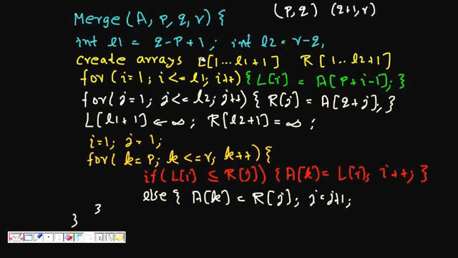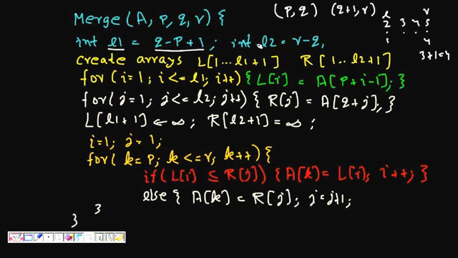L1 is the size of the left array, which is Q minus P plus 1. So if we have elements like 2, 3, 4, 5, this is L, this is R, the number of elements is 4, which is 1, 2, 3, 4. This is 1, this is 4, so 4 minus 1 is 3 plus 1, so there are 4 elements.